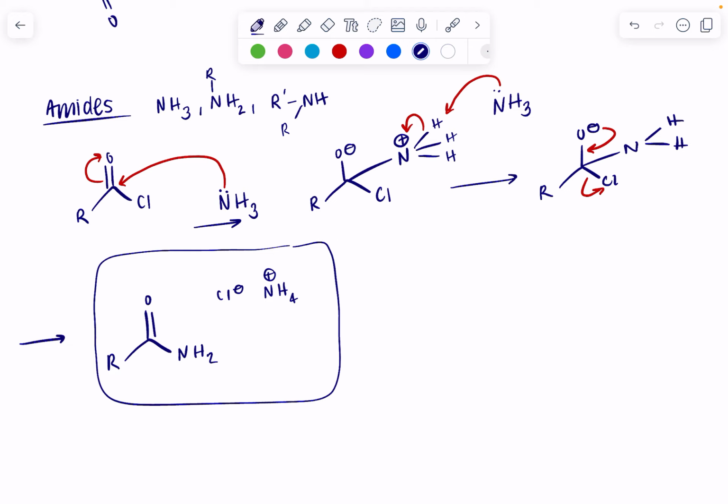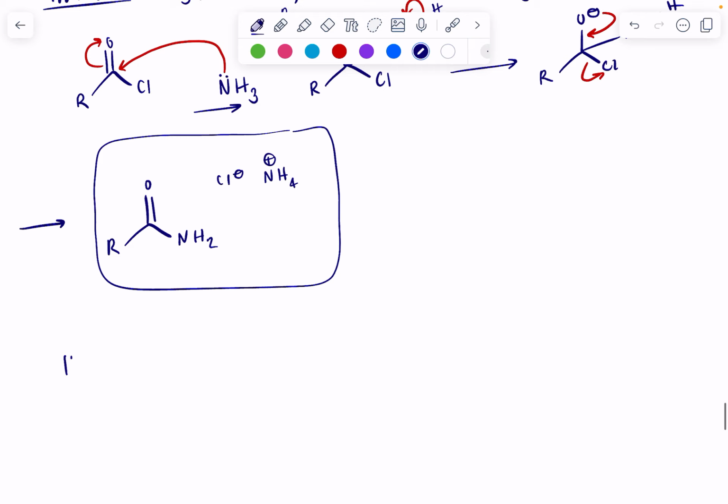What else could happen with amides? Well, we could take another carboxylic acid derivative, just like we had before. Still do acid chloride, or we could make it an ester even. Let's use NH2 with a group on the N. So now we've got 1, 2, 3, and we still have that lone pair, so 4, 5.